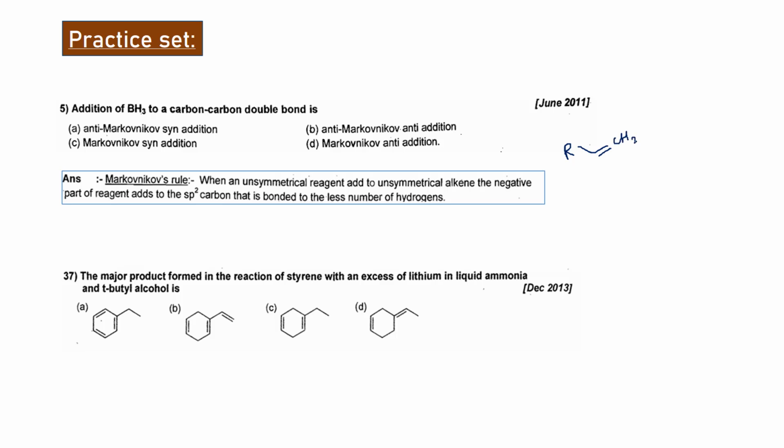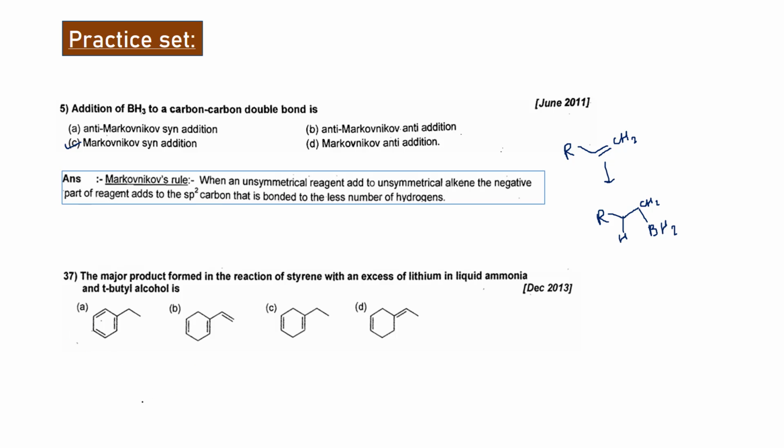If you add BH3, what will happen? The hydrogen goes here. The BH2 goes here. So that means the carbon having less number of hydrogens gets the hydrogen. That is called the Markovnikov rule. So obviously this is following the Markovnikov rule, and the addition is syn addition. The answer will be option C. Okay.